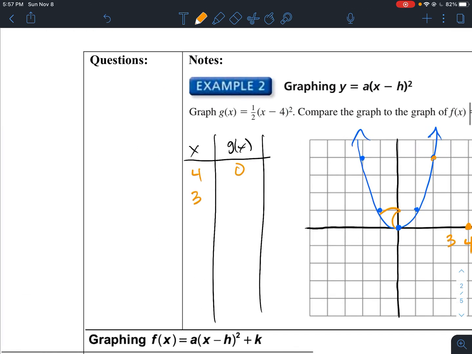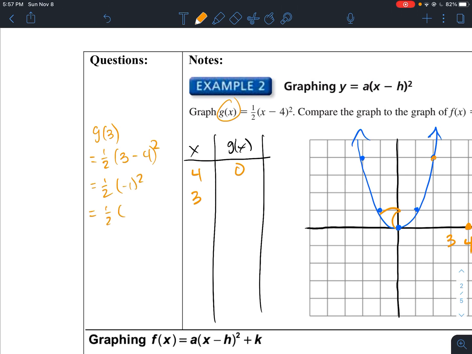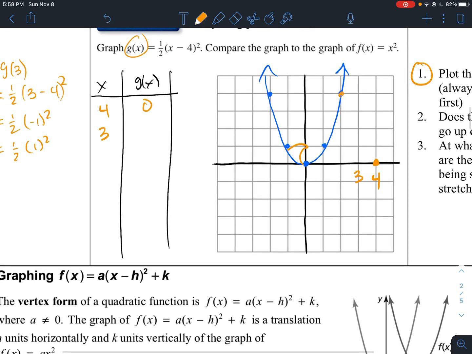So let's plug in g of 3. That's going to equal 1 over 2 times 3 minus 4 squared. So that's equal to 1 over 2 times negative 1 squared. So that's going to be 1 over 2 times 1 squared. That's ultimately just going to be 0.5. So 0.5 or 1/2. So whenever x is 3, y is 1/2. So you see here that we're no longer at 1, at 1/2.